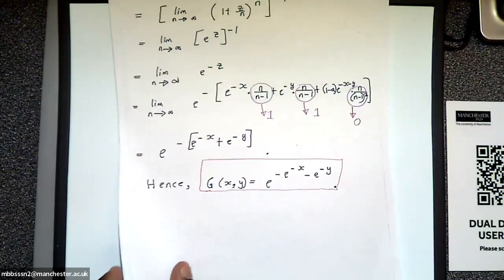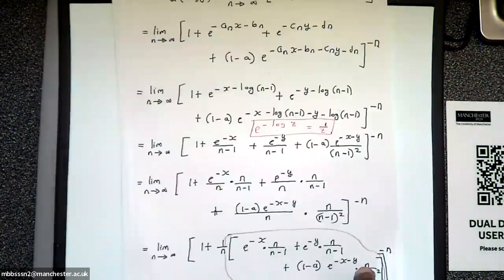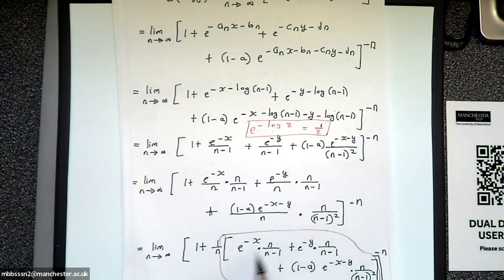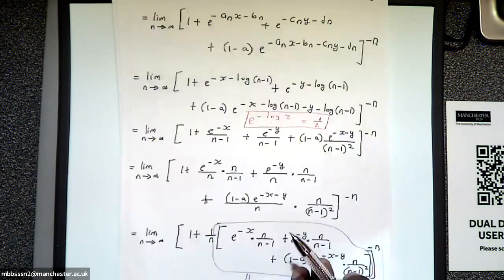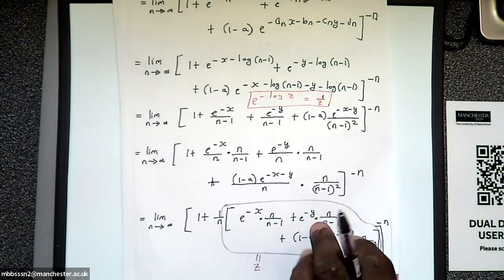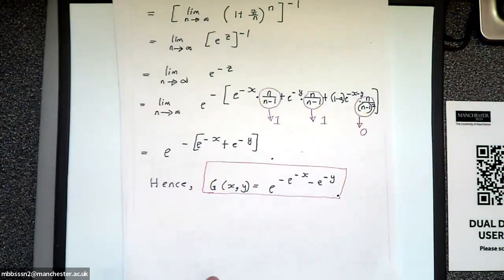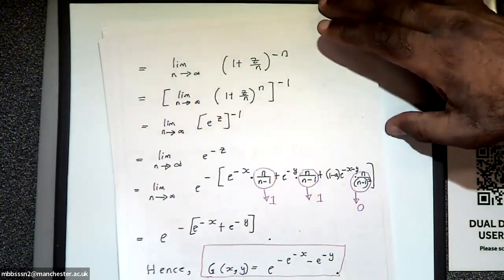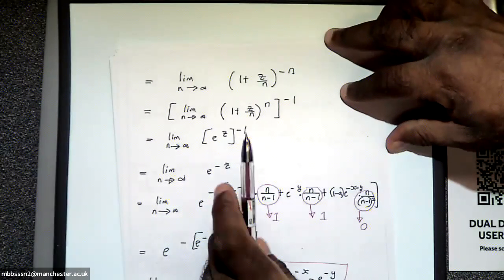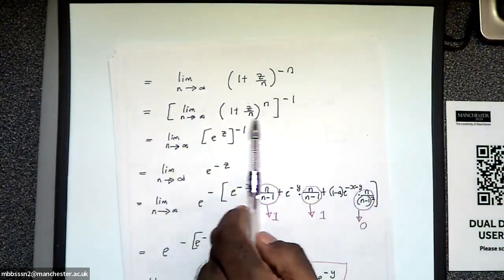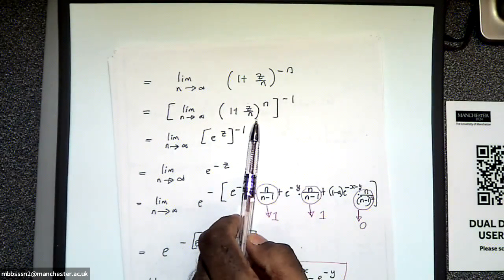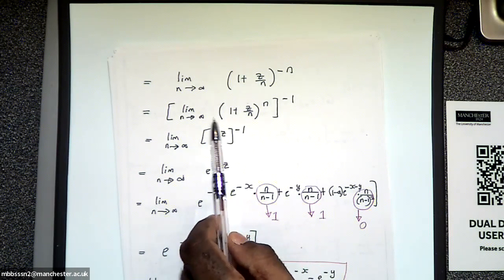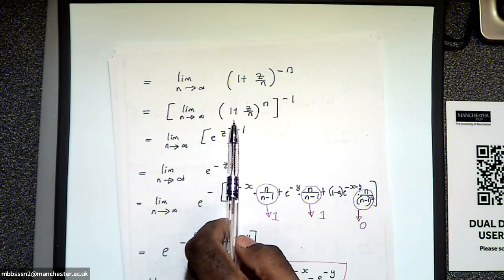Then I'm going to call this whole thing in the red circle Z, okay? Then you come to this, which you can write like this. Now this must be a result you must be familiar with in your 3 years of undergraduate study or more.